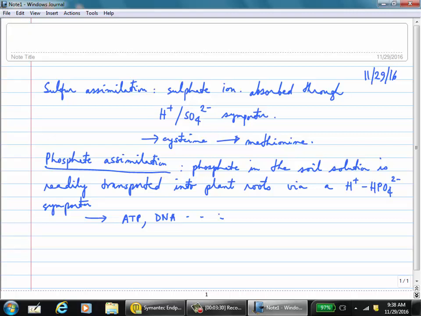But at least you're retaining something. You already know about that stuff. So DNA, RNA, and so on, then phospholipids. These are some of the molecules where the phosphate is going to end up, right?